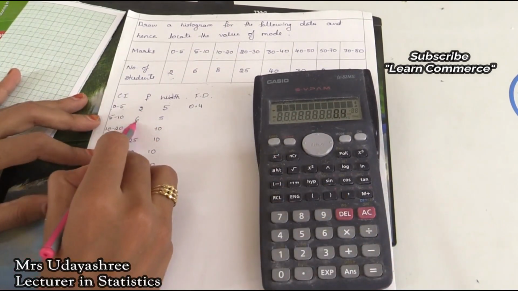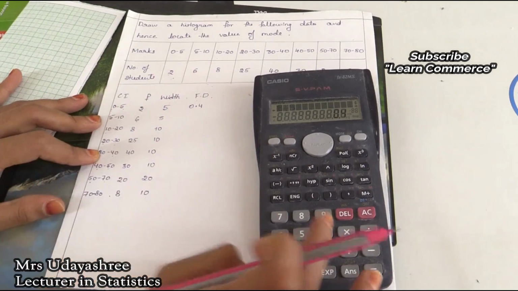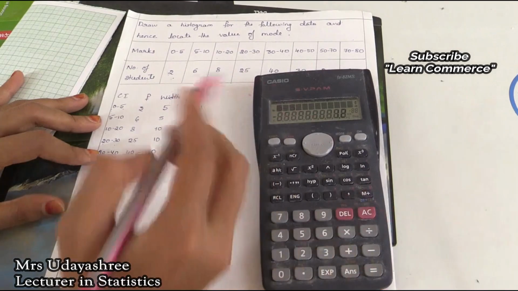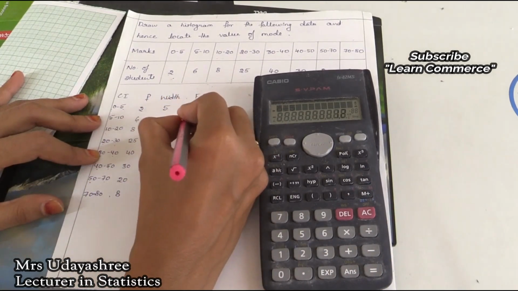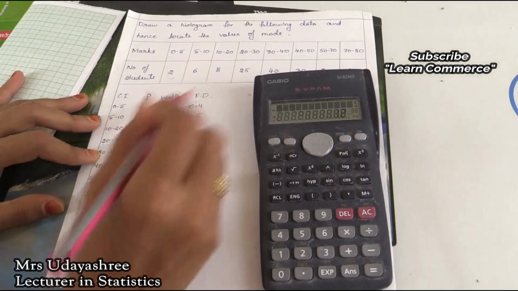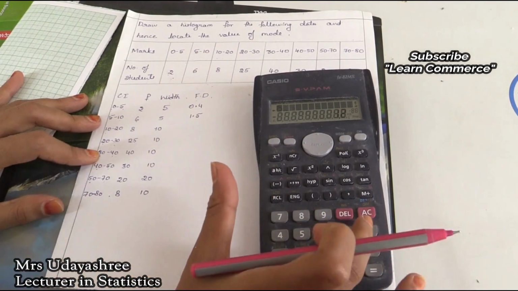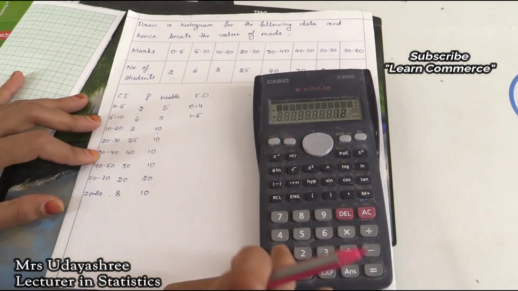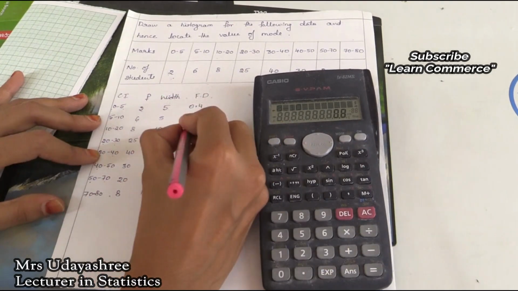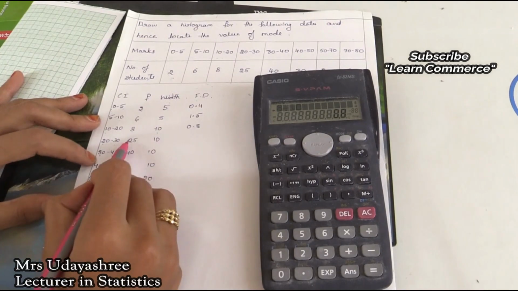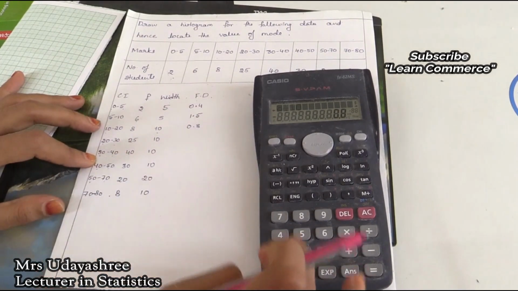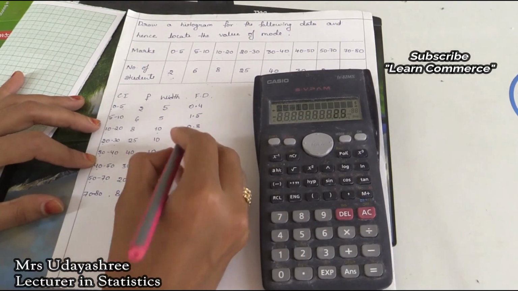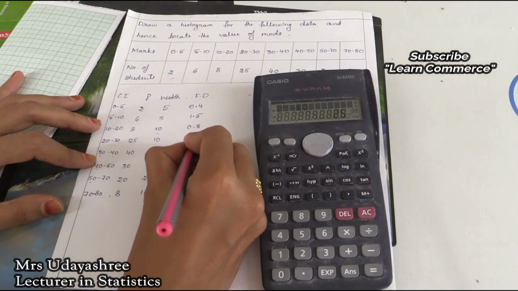Next, the class frequency is 6 divided by 5, so the frequency density is 1.2. The next class frequency is 8 divided by the width 10, so 8 divided by 10 is 0.8. Next, 25 divided by the width 10, so the frequency density is 2.5.